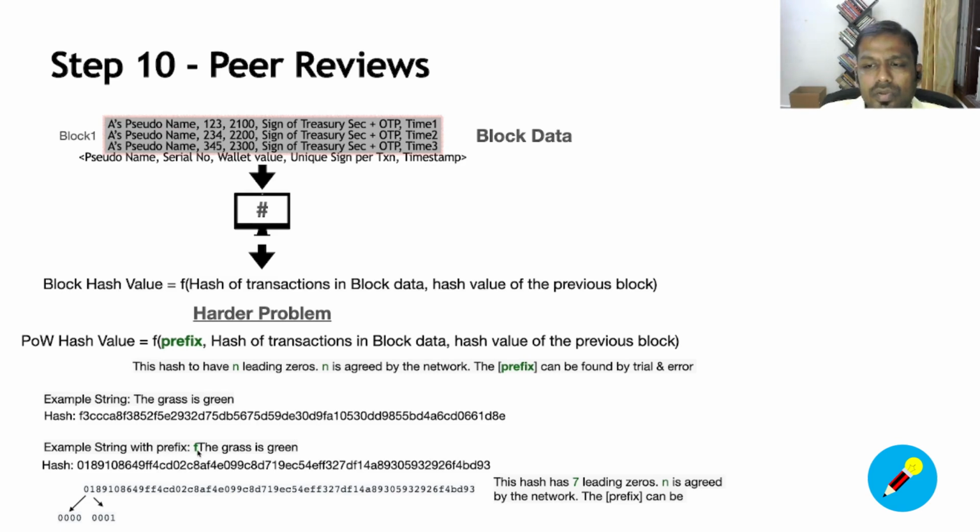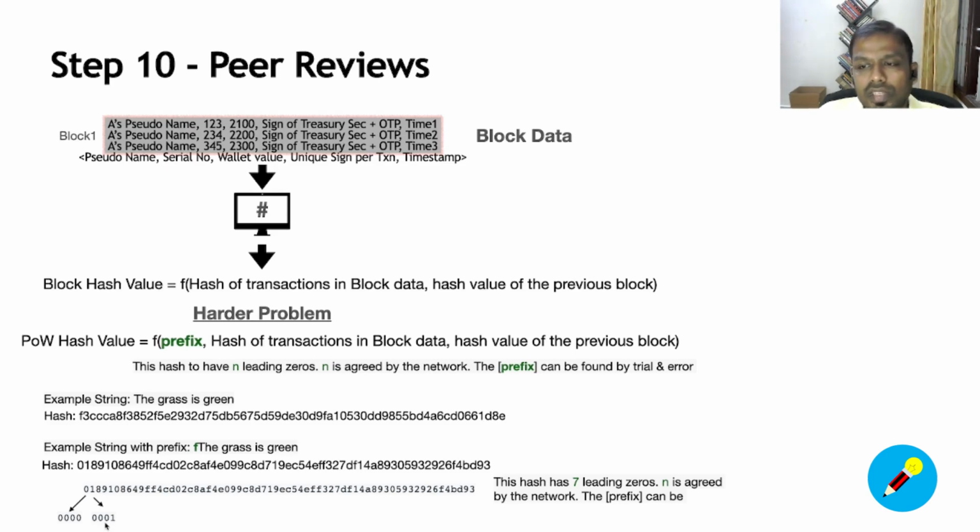But the reason I chose F is, if you include this F, your hash value is slightly special. It comes with a certain number of leading zeros. It's a hexadecimal number, so the first value translates to 4 zeros, and the second one translates to 3 zeros and a 1. So just by virtue of adding a single letter F, it creates a hash value that has 7 leading zeros.